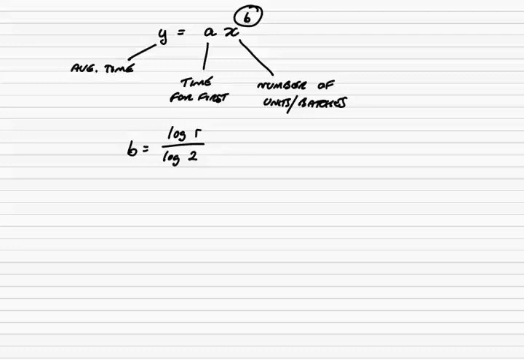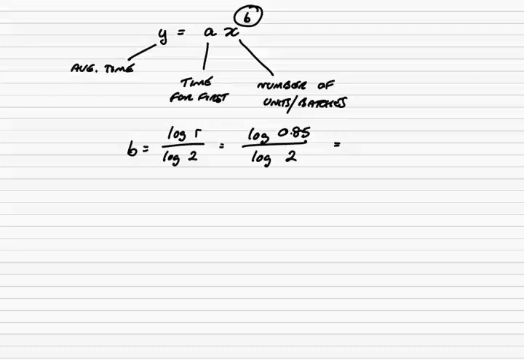Let's work out b first of all. It's log of r. Well, r is the learning rate, which here is 85%, but written as a decimal. So instead of 85%, it's 0.85, divided by the log of 2. Now, calculators work in different ways.